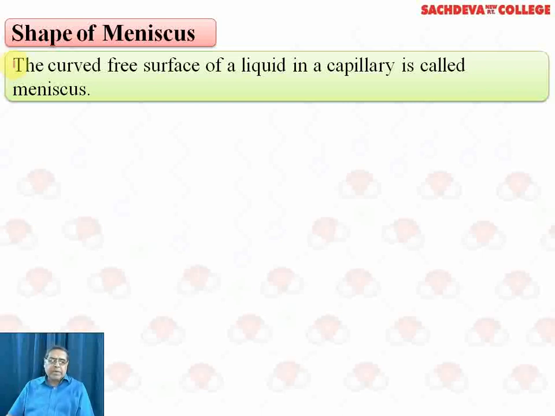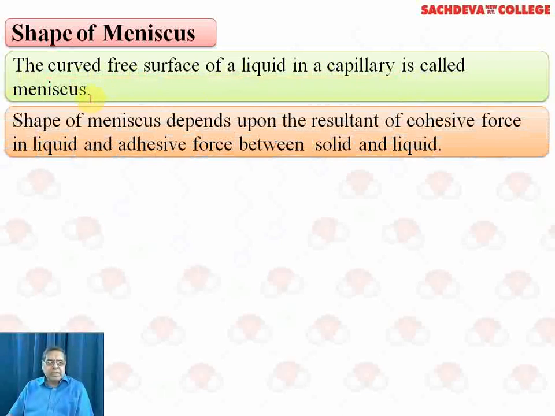So, shape of the meniscus. In case of water, it is a concave surface, whereas in case of mercury, it is a convex surface. The curved free surface of the liquid in a capillary is called the meniscus. It can be concave or convex.